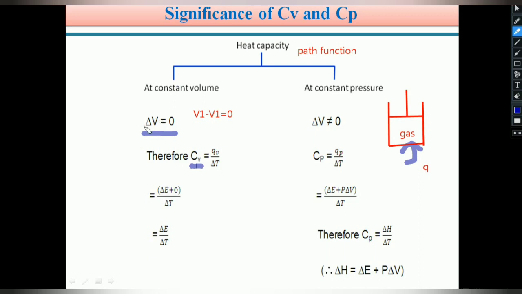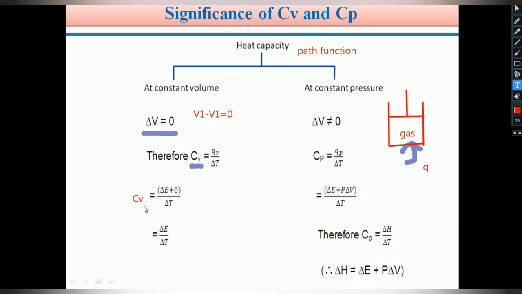Here I already have the relation delta V is equal to 0. Therefore, P delta V also becomes 0. So my equation is Cv is equal to delta E plus 0 by delta T, because delta V is equal to 0, and P into 0 becomes 0.